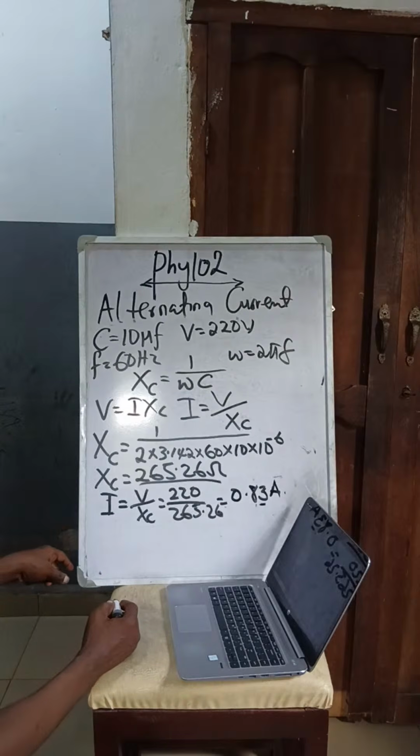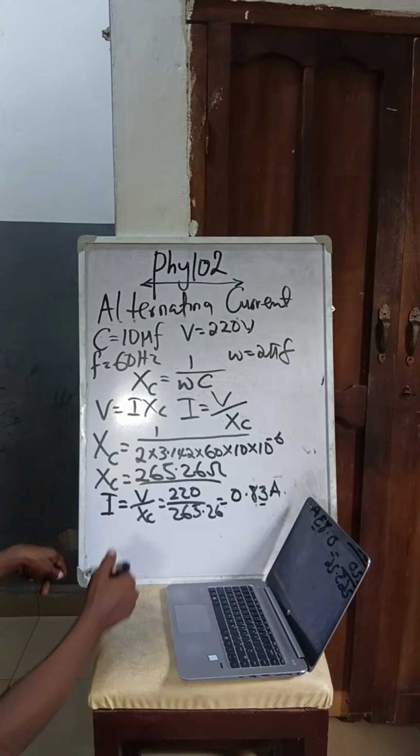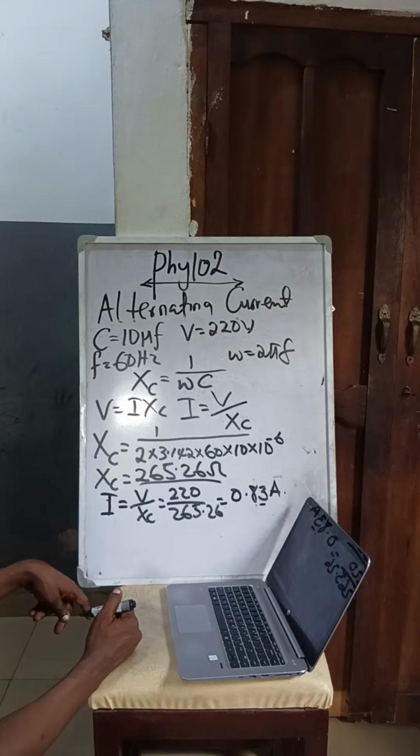Okay, but the question says the root mean square value of the current, which is 0.83, correct.